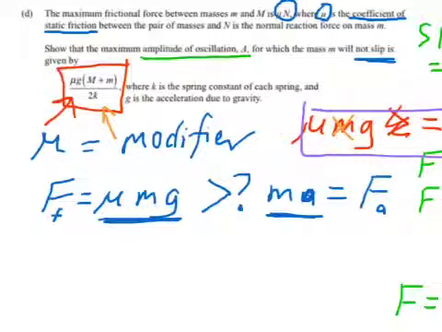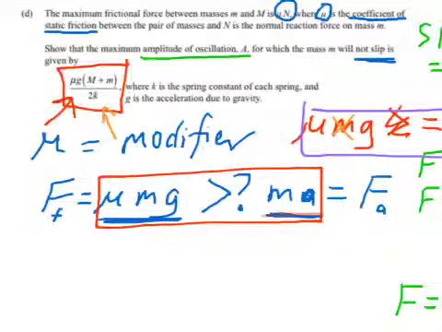So let me just run you through all of that again, because there's a lot of steps in between. We've got this initial condition where the force to accelerate the small mass has to be less than the normal force, which is modified by the coefficient of static friction.